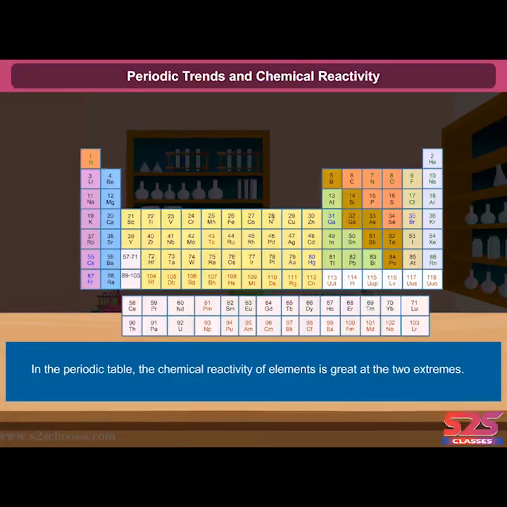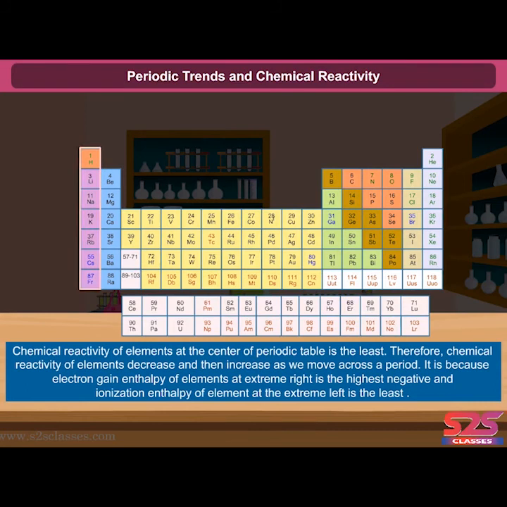In the periodic table, the chemical reactivity of elements is great at the two extremes. The chemical reactivity of the elements at the center of the periodic table is the least. Therefore, the chemical reactivity of the elements decreases and then increases as we move across a period.